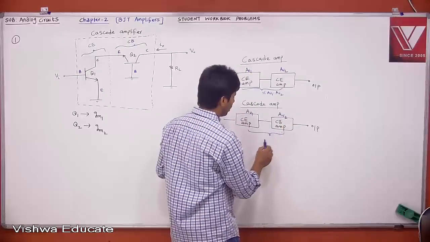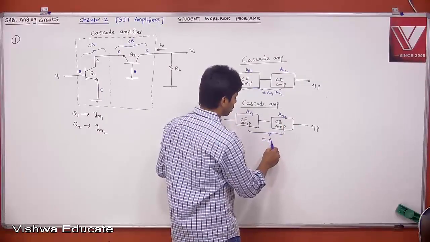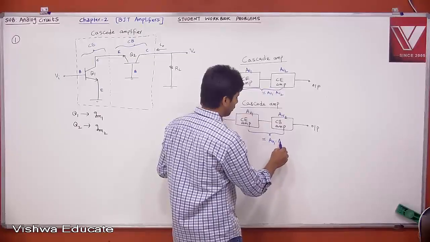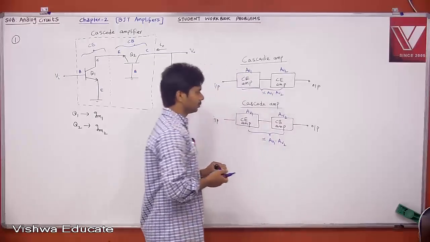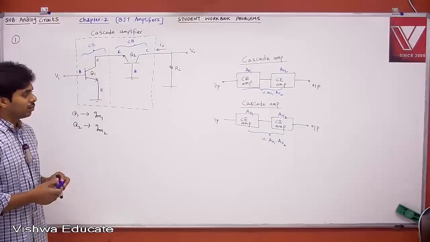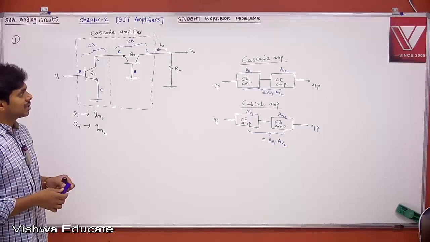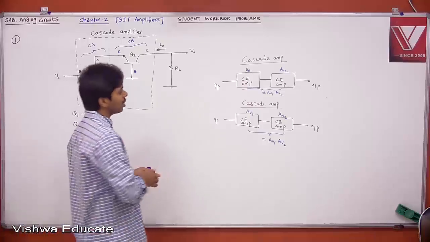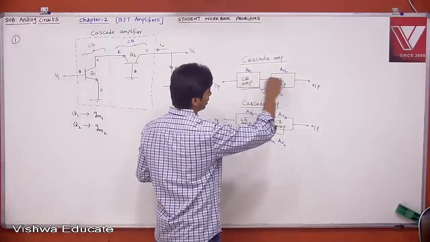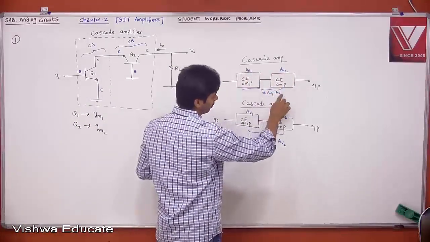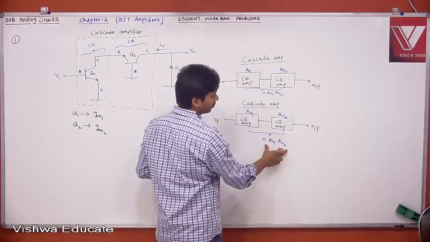Then your overall gain will again be close to AV1 and AV2. Then what is the advantage of the cascode amplifier with respect to the cascade? In the case of the cascade amplifier, with similar configurations, the overall gain is AV1 into AV2. Similarly here, AV1 into AV2, right?